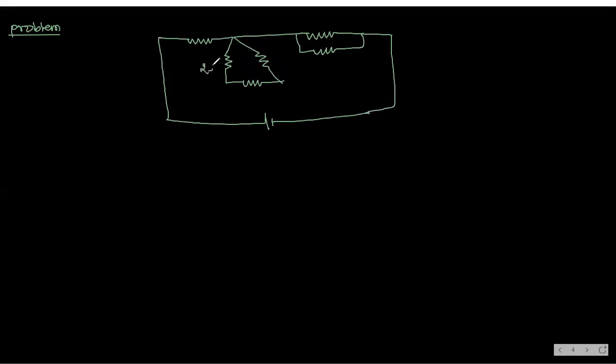Don't worry. 2 ohm, 2 ohm, 4 ohm. This is 4 ohm. This is 8 ohm and 8 ohm.